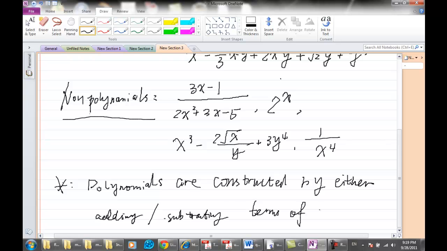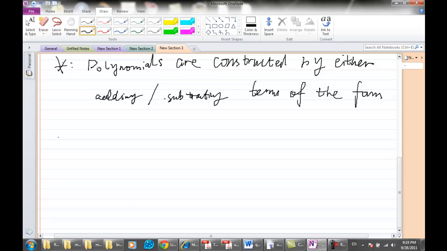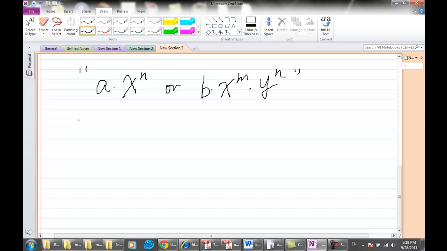terms of the form, like, a times x to the nth power, or b times x to the m power times y to the nth power. And here we should have some definition about a, b, and m and n.